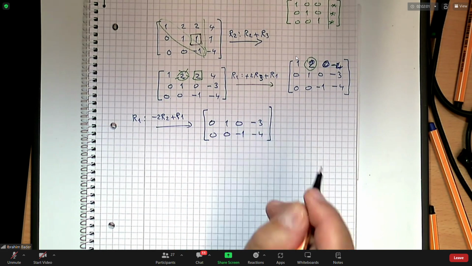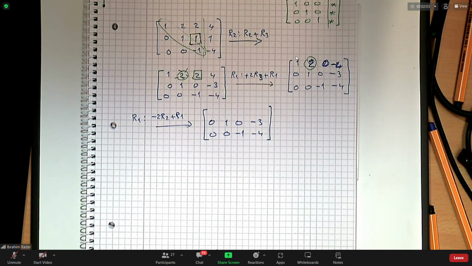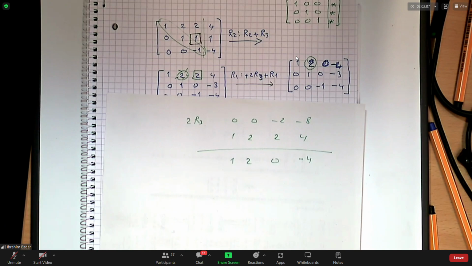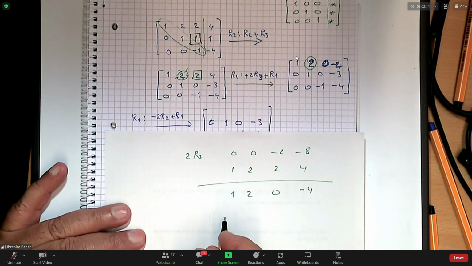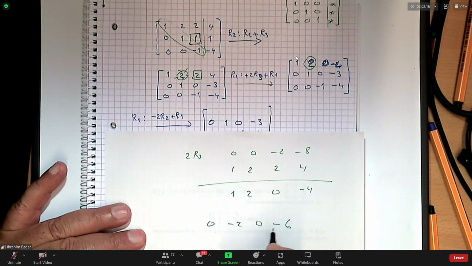Now here, what do we end up? Let me do it again here on scratch paper. You see, it's better you do it on scratch paper. So -2R2 is 0, -2, 0, -6, and you add this to R1, 1, 2, 0, -4.